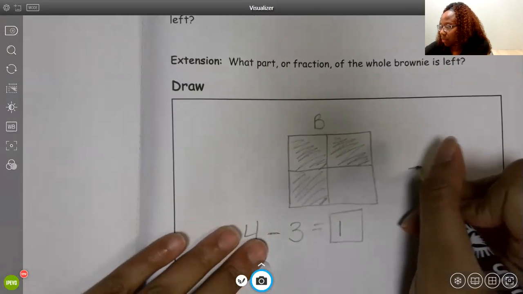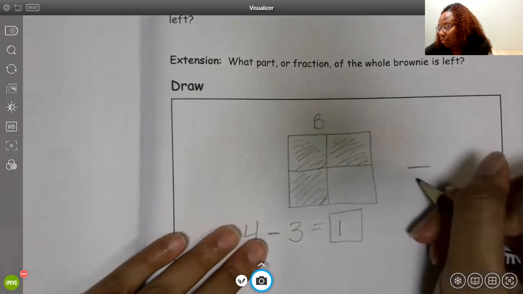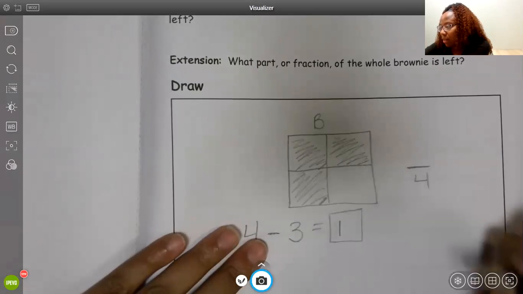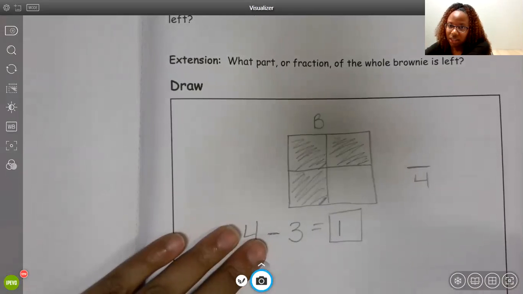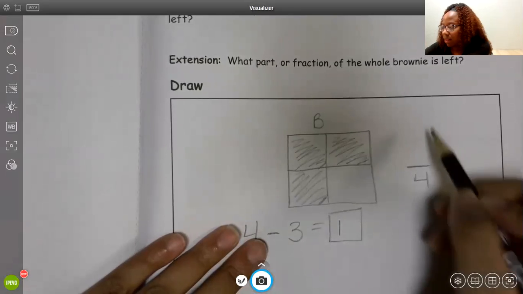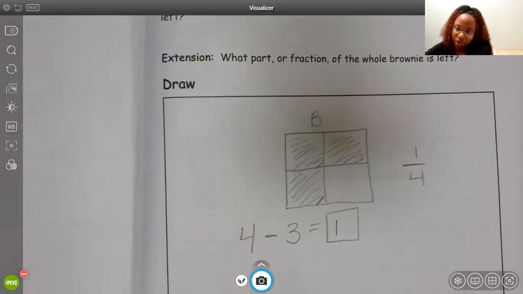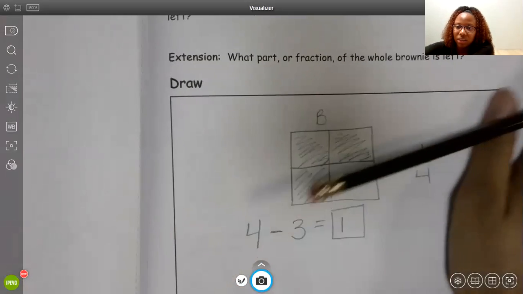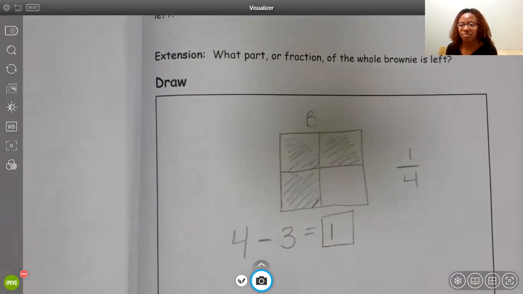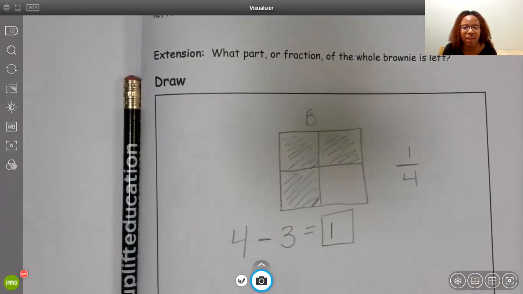So when I have a fraction, I'm gonna write my bar right here. She had 4 pieces, I'm gonna write 4. But how many is not shaded in? Only 1. So she has 1/4 of a brownie left. Now this is only for your extension. And that's all for our application problem.